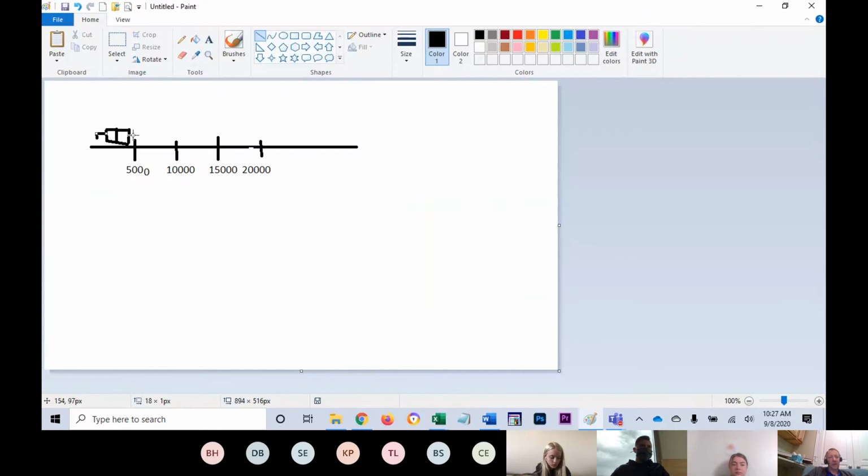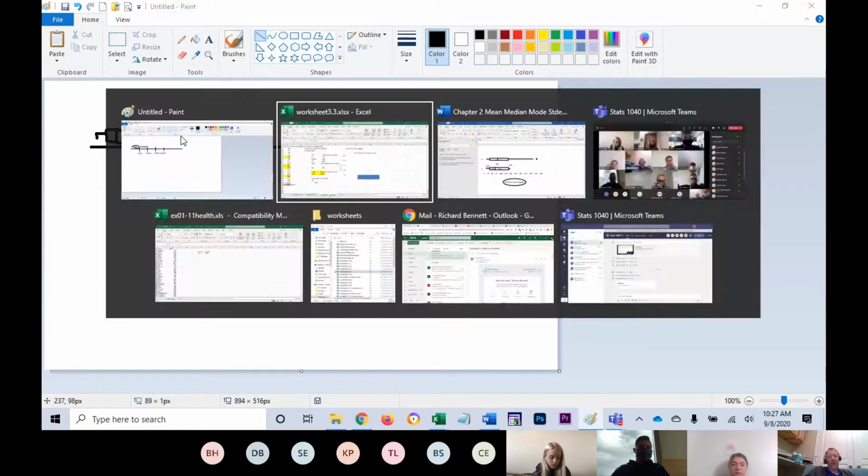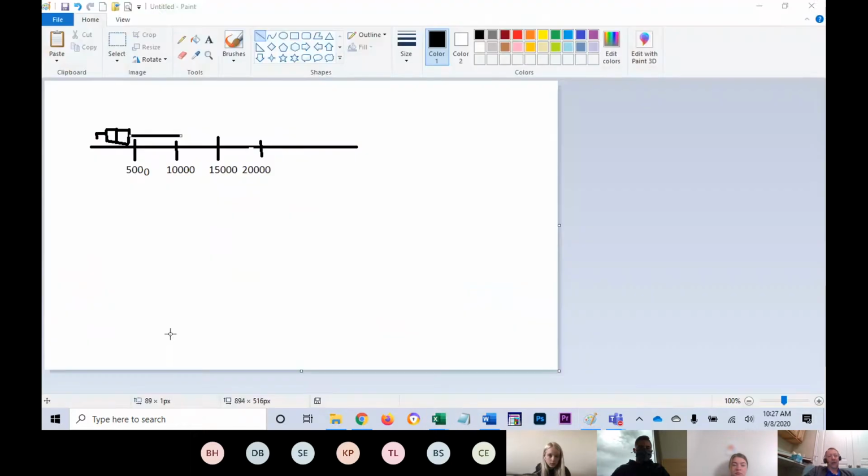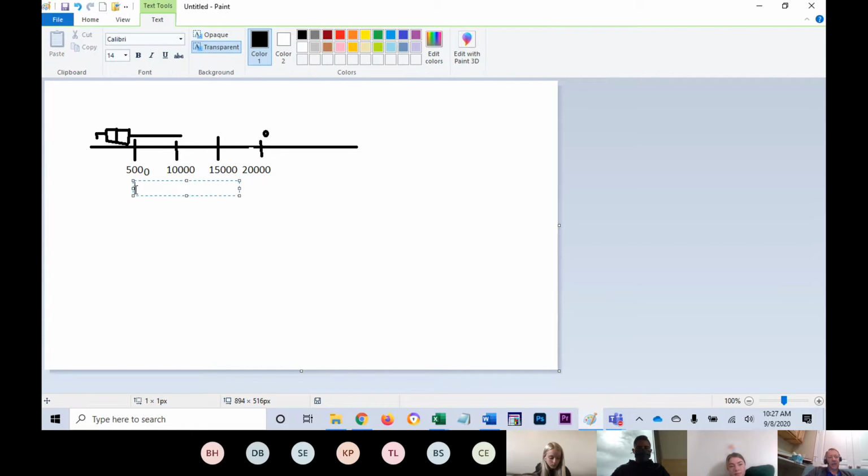Okay. So I'm going to draw a line from here till just about after 10,000. And then I need to represent this here as an outlier, which is 21,147. I'll just put a little circle here, which is about right here. Okay. So then I'm going to label this. This is going to be the cost of collision claims.